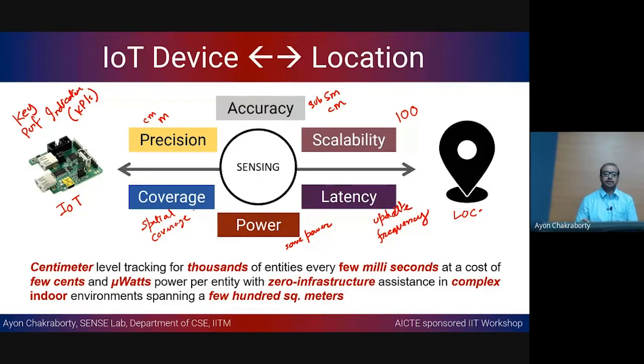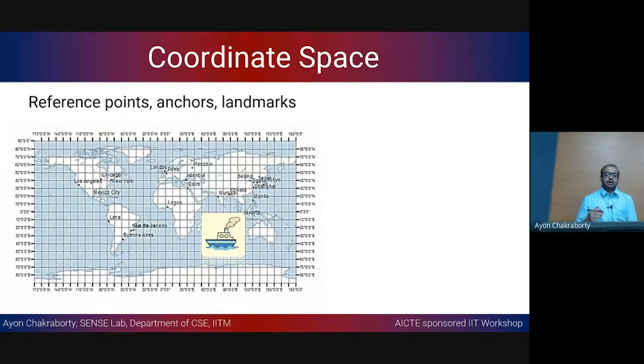What are the tuning knobs that I want to adjust in order to realize the particular KPIs that we want to achieve? So coming to the coordinate space, I just had a brief introduction to what localization means, in what context it could be used, and the different tuning knobs you might have to regulate the performance of a localization system. With that laid out, we have a brief idea about what all these things mean.